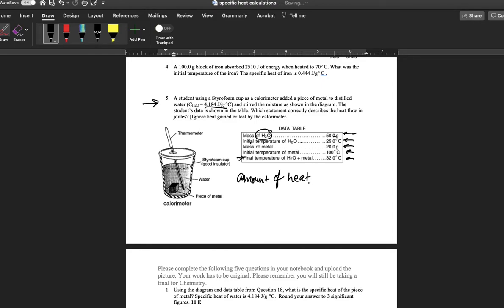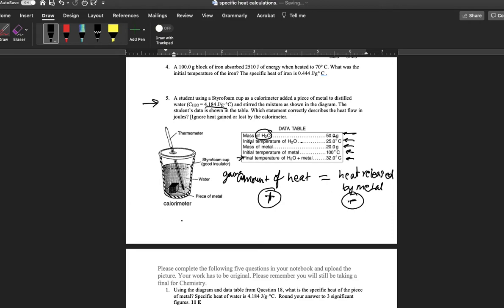Now, the heat gained by water is also equal to the heat released by the metal. Okay, the only thing is this is positive because it was gained, and this will be negative.